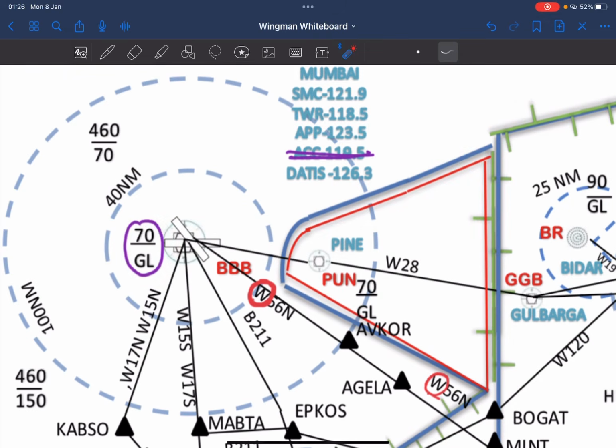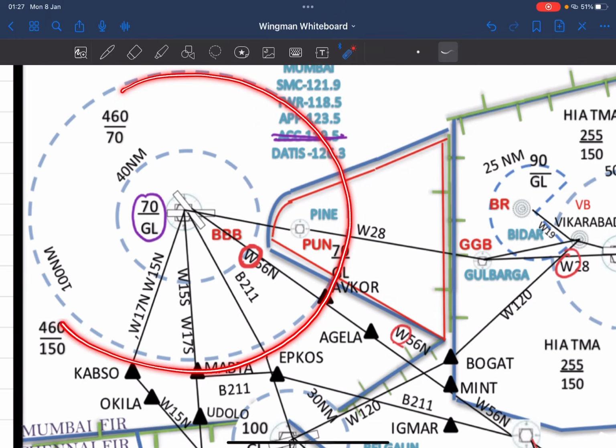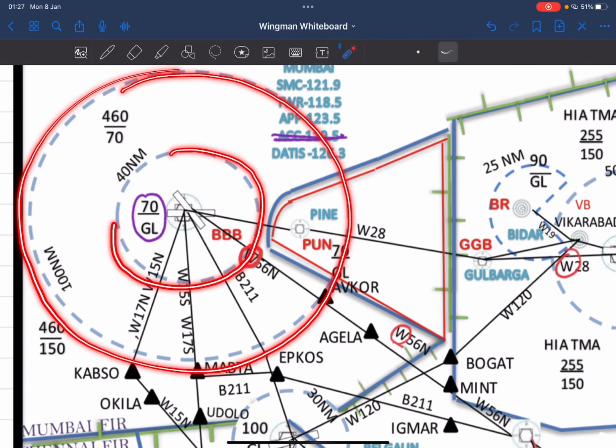Then, like we spoke, you see how here it is written 70 to 460, and 150 to 460. What does that mean? The upper limit of our tower is the lower limit of our approach. This is the second concentric circle; the first one is for our tower.